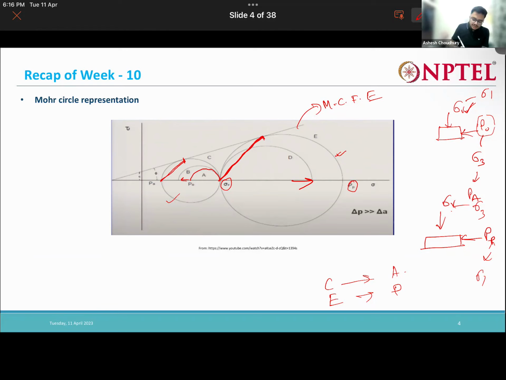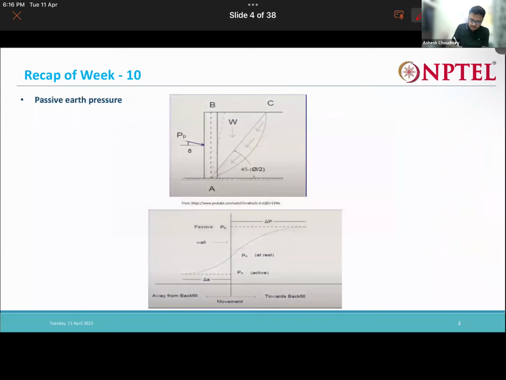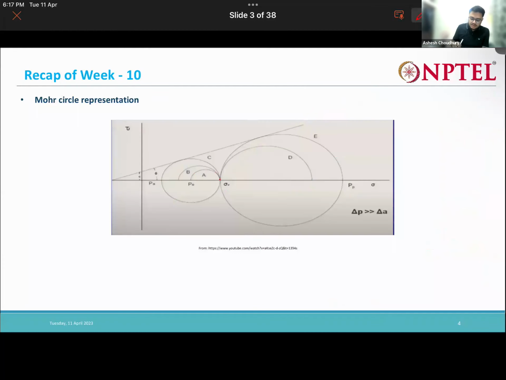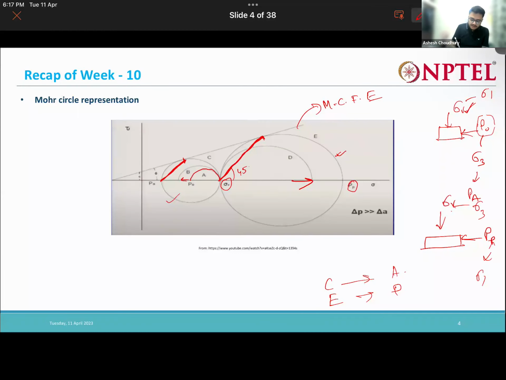These lines will give me the inclination of the failure plane, meaning this plane or this plane with the horizontal, right? So you will see that this comes out to be 45 minus phi by 2, or 45 plus phi by 2. Just from the geometry, you will see this.